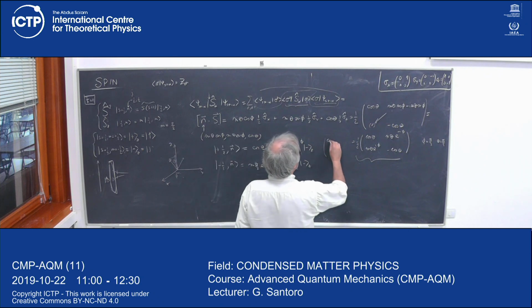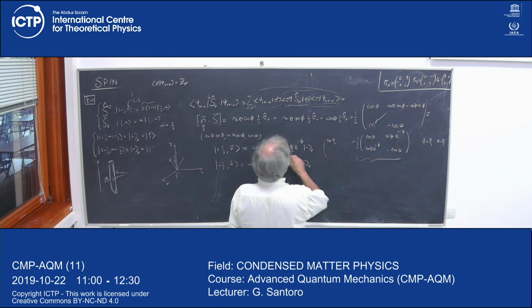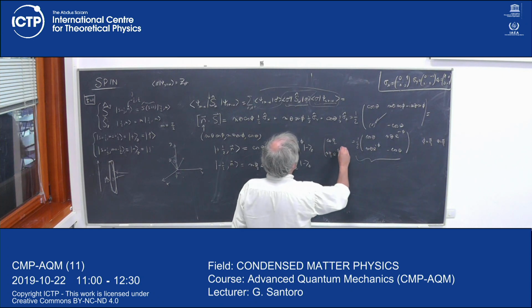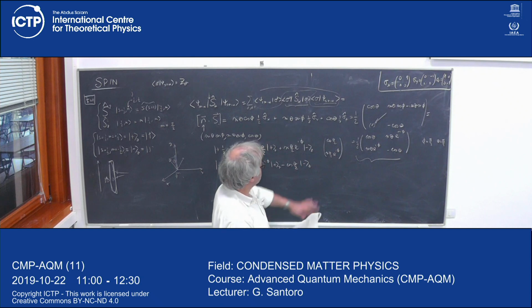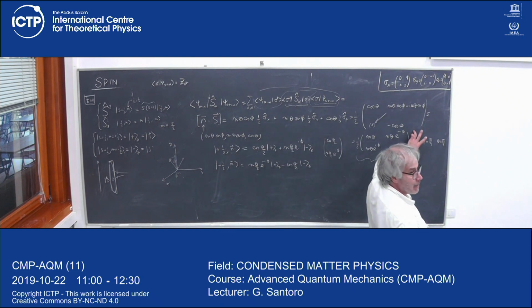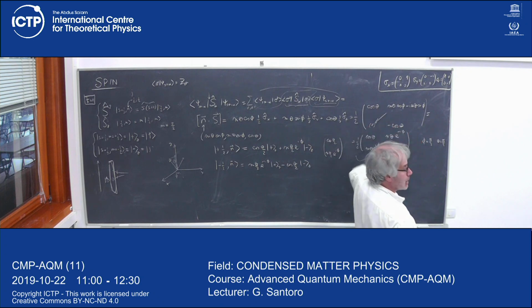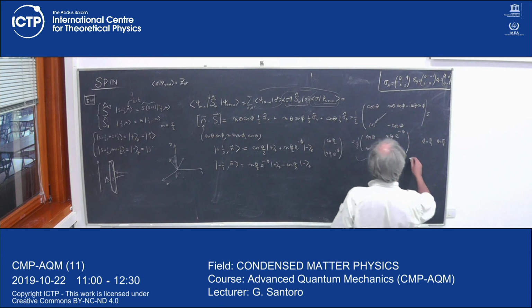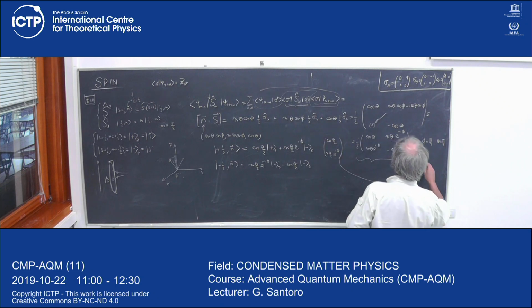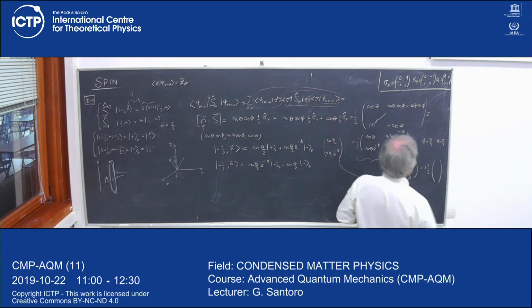In other words, these are the elements of a two-component spinor. One is cos theta over 2 and the other is sine theta over 2 e to the i phi. I ask you to take this two-component object and multiply it by this matrix, and prove that the result is plus 1/2 times the same object.